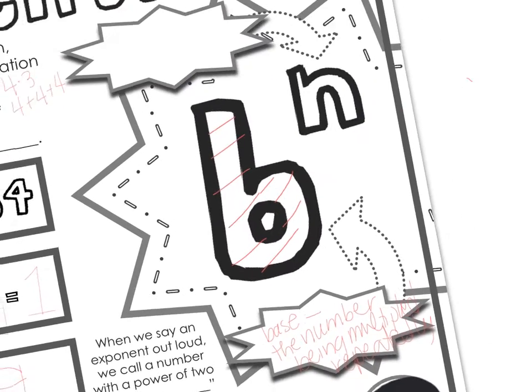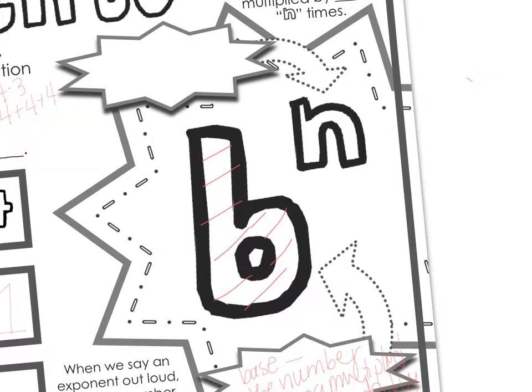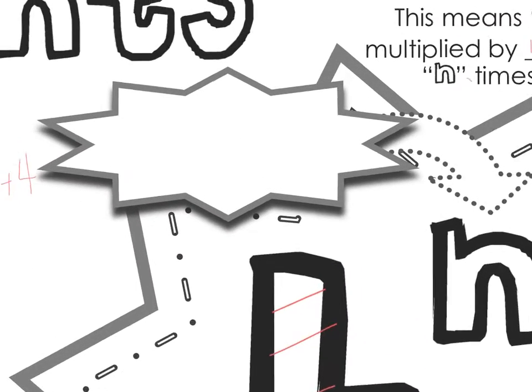Then, the n in this case is representing the exponent. So we're going to fill this in, and this is the exponent. It is the number, I'm going to use the pound sign for number, of times the base is being multiplied.